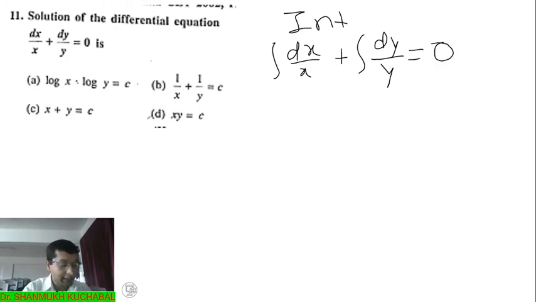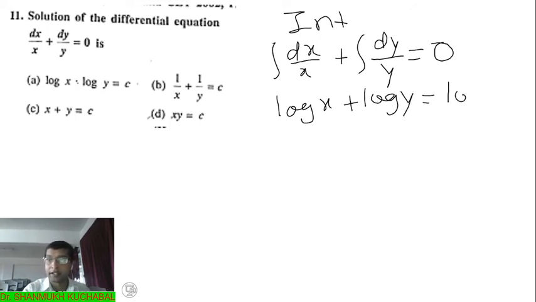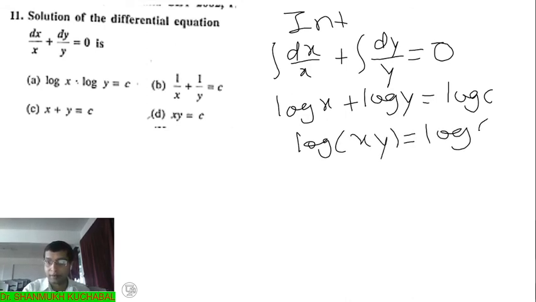Further integrating, we get log x plus log y, and both are logarithmic functions. The constant of integration we take as log c. So further simplifying, log a plus log b is log a into b, equal to log c. So log cancels, and we get xy equal to c. Therefore option D, xy equal to c, is the right answer.